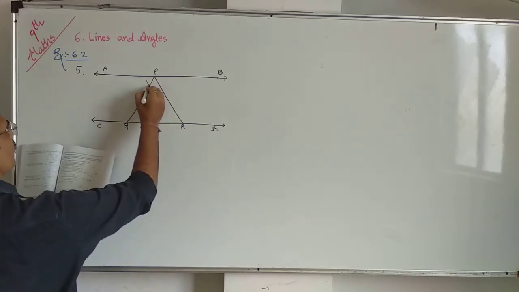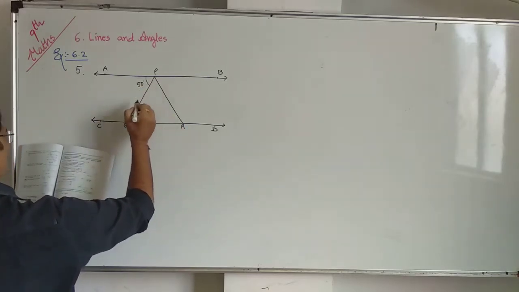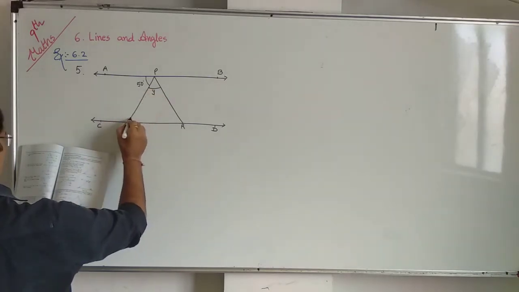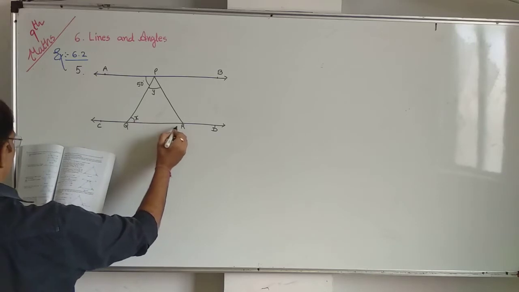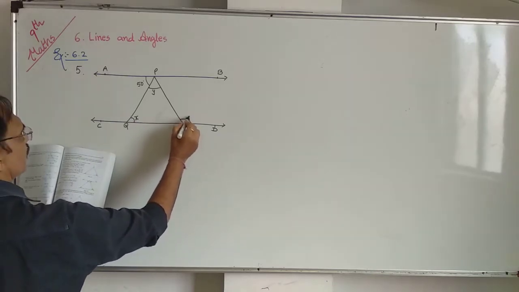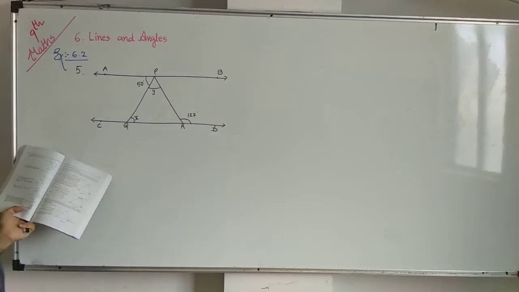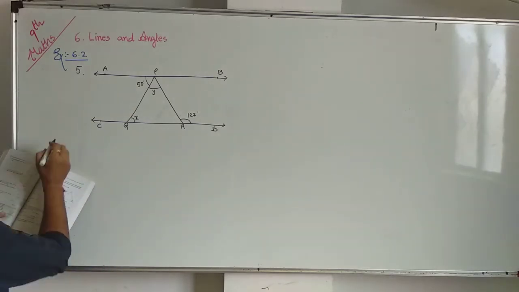This angle is given 50. This angle is given Y. This angle is given X. This angle is given 127. Okay? Find X and Y.